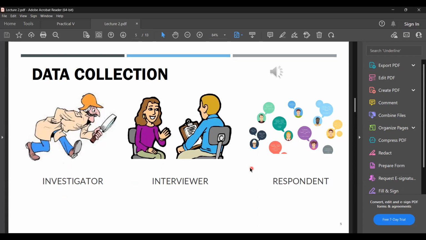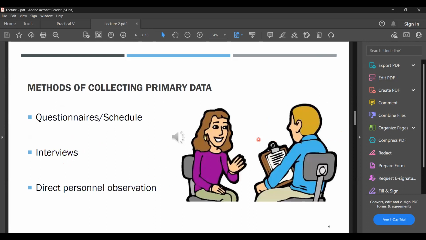There might be an interviewer who asks questions from the respondent. And the respondents are the individuals or entities that give us the information, give us data. We have to deal with these people when dealing with primary data collection.